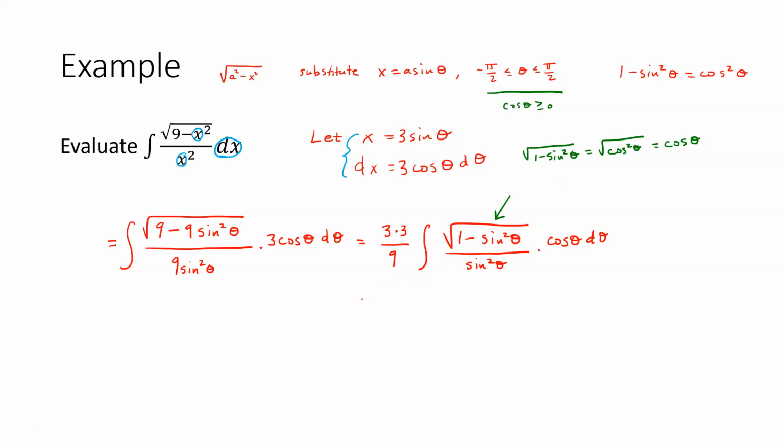Okay, so coming back here, all this stuff cancels. The square root of 1 minus sine squared just becomes cosine theta times cosine theta. Okay, now I've got cosine squared over sine squared. And that is really cotangent squared.